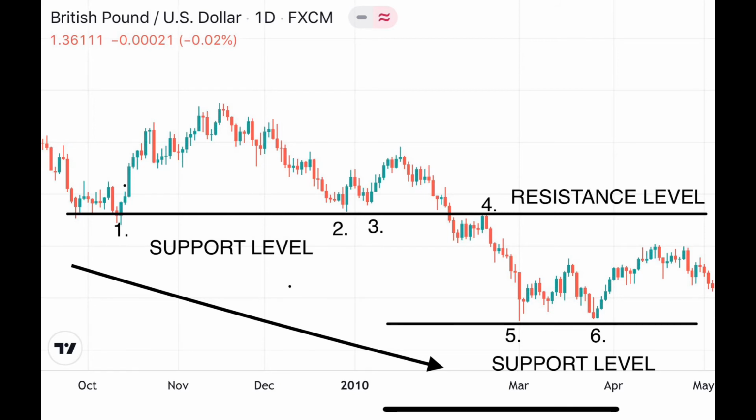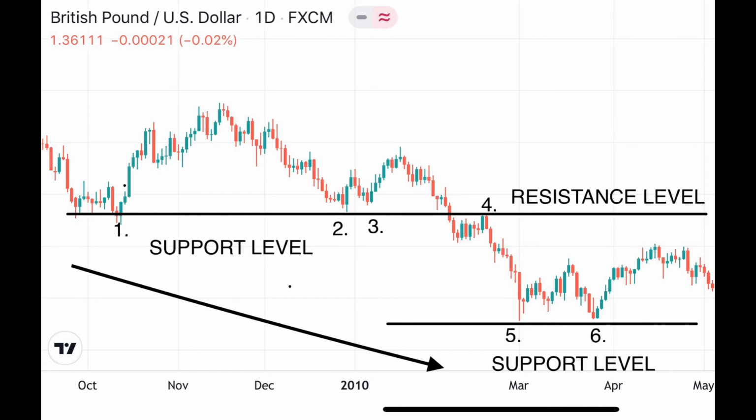You can see where number one is. Price got there and went up, came back to number two, went up, came back to number three, went up, and then came back down and broke that level or extended beyond that level.